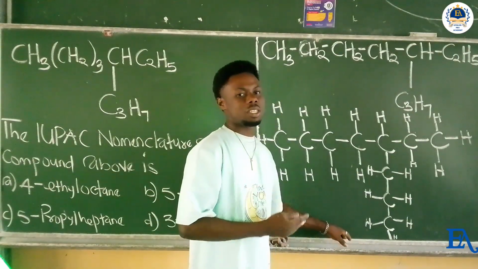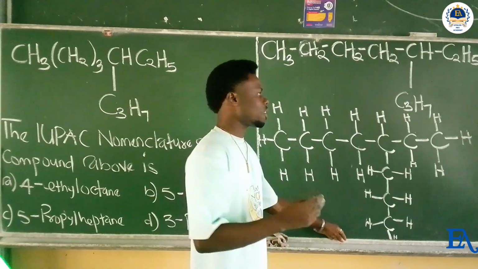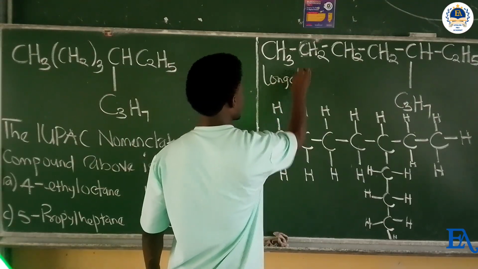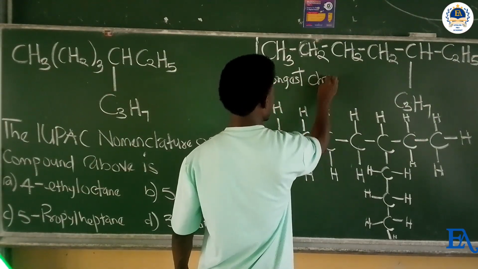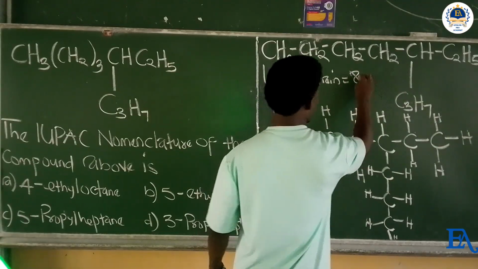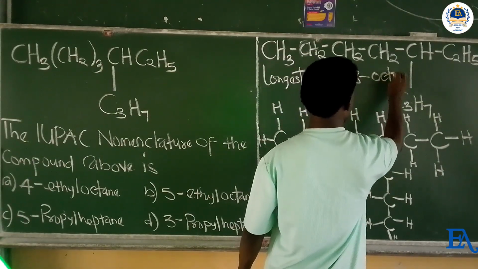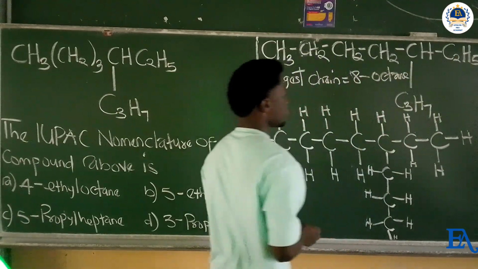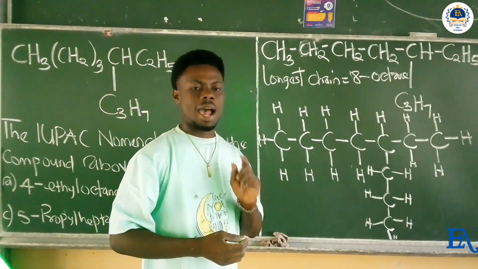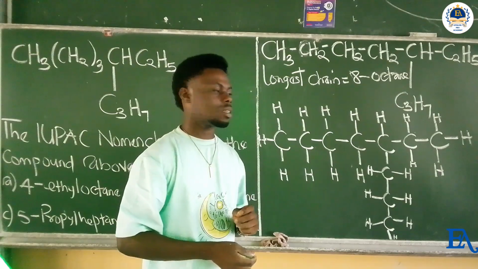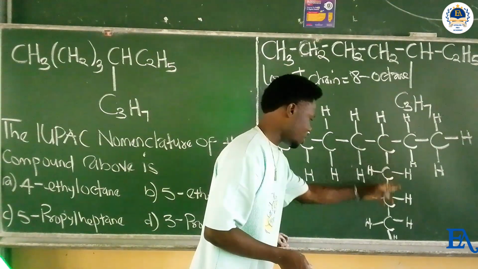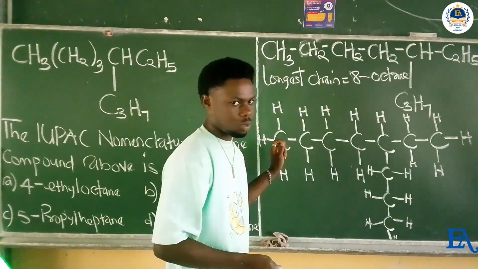So the longest carbon chain on the board is 8, which is called octane. The next thing is identification of substituent. So should we count from here or from here? That should be the next question.